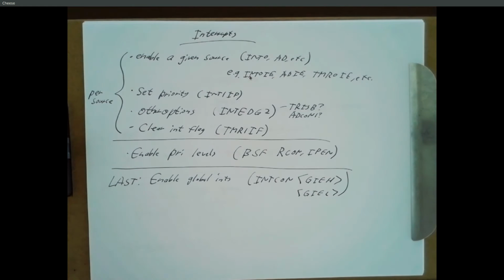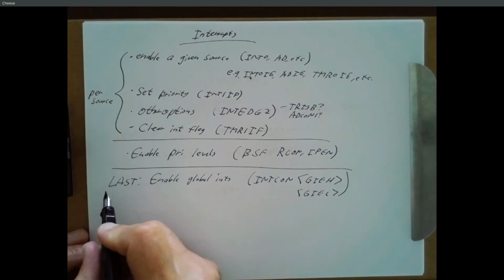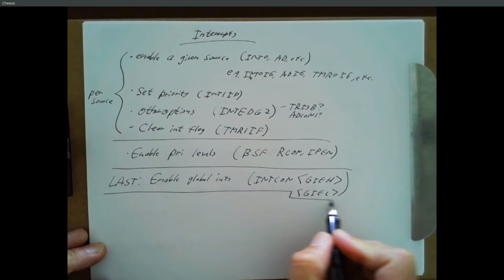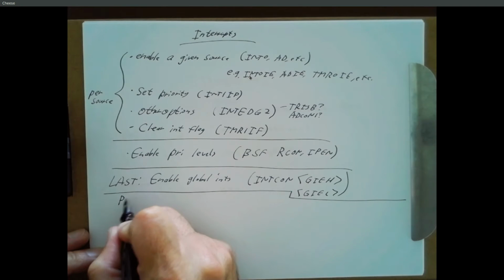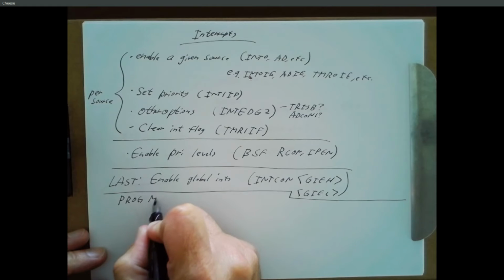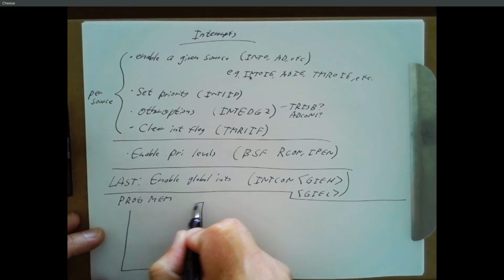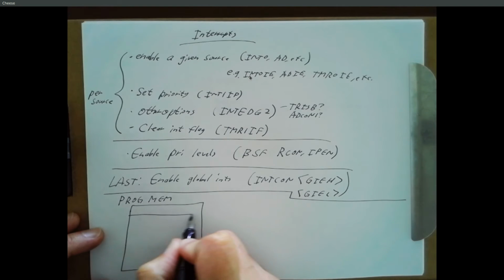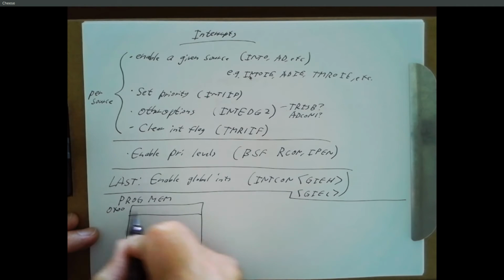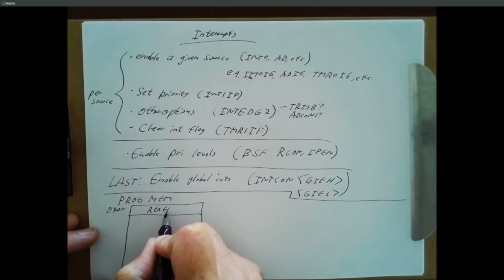And that's the global interrupt enable high and low bits in the INTCON register. All right, in your program memory, location 0, that's your reset vector.